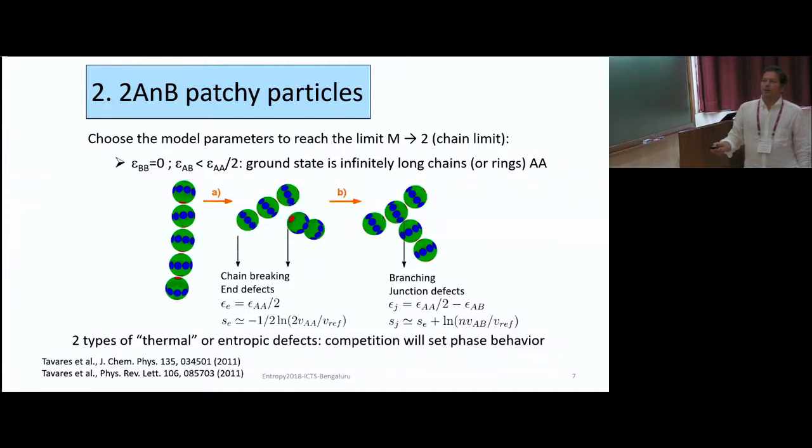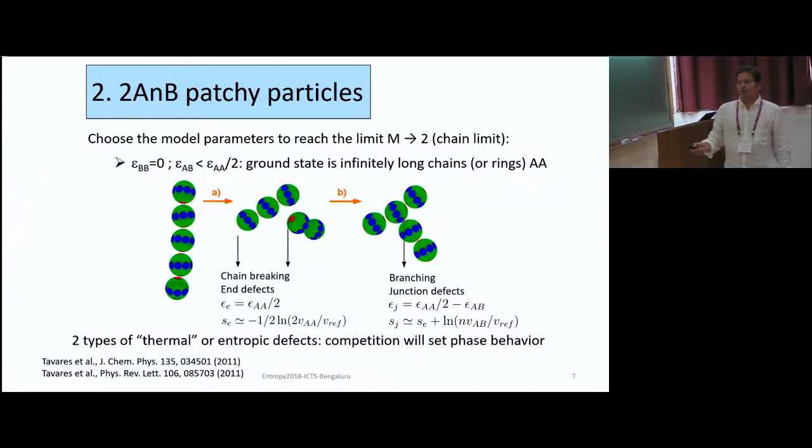And the energy of this junction, relative to the ground state, is epsilon AA over 2 minus epsilon AB. It's still positive, so it costs energy to create a junction, but this cost is less than the cost of creating an end. So junction defects are energetically favorable relative to end defects.